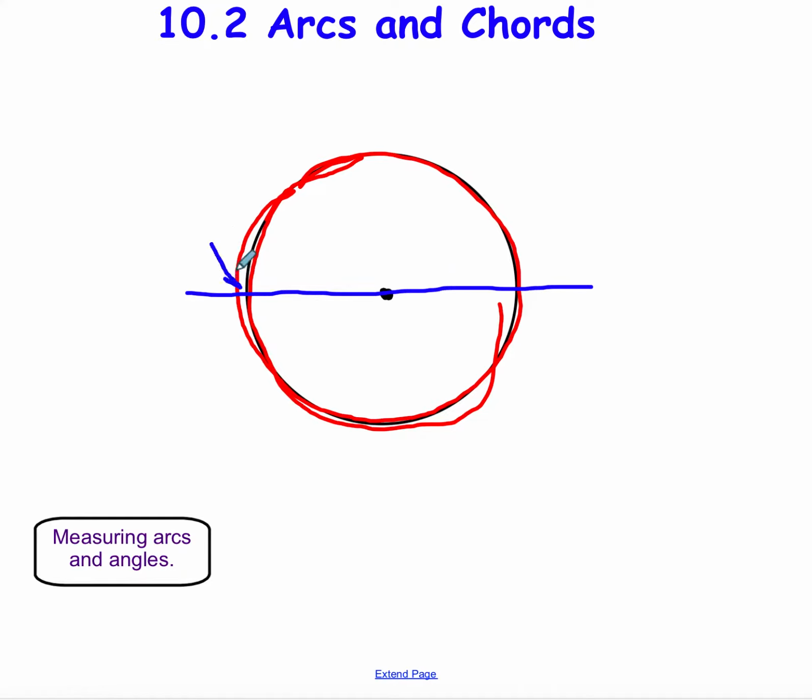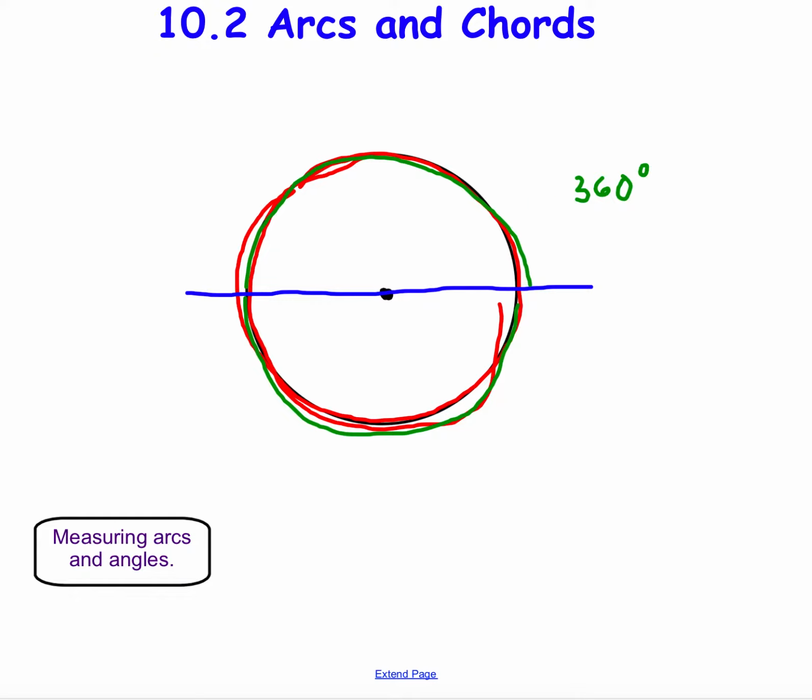So from here to here would be a diameter, but this technically would be a secant since it goes through the circle. That this part of the circle measures 180 degrees, and this part of the circle also measures 180 degrees. So in full, the circle measures 360 degrees.